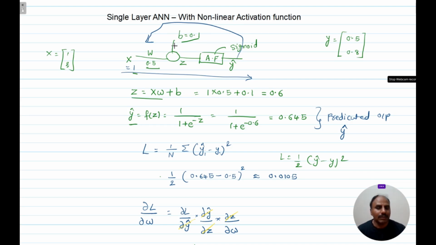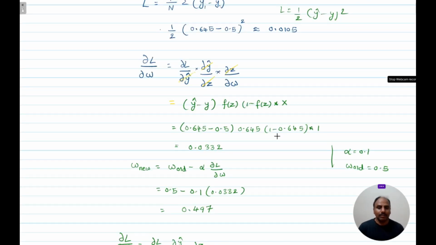Indirectly we can say that by using the feedback we are optimizing weight and bias. Therefore it is also called back propagation mechanism or algorithm, you can say.